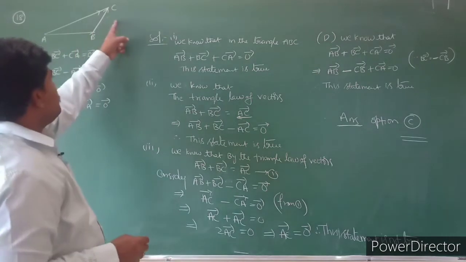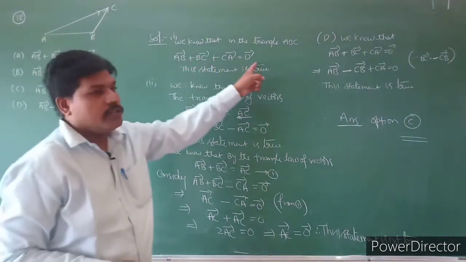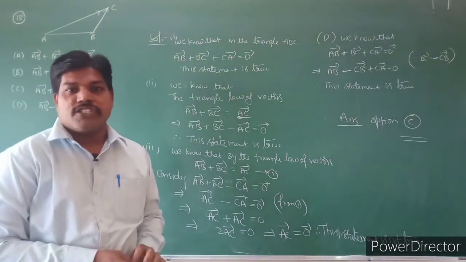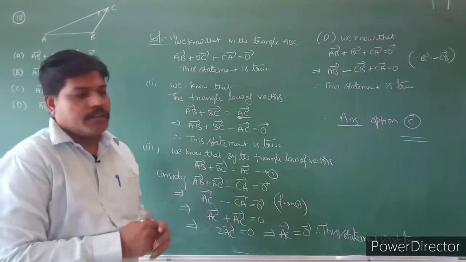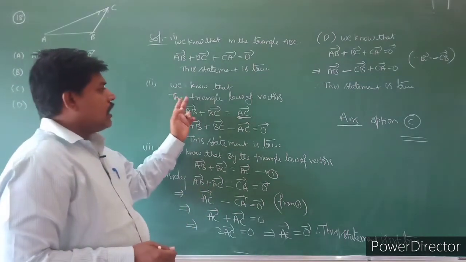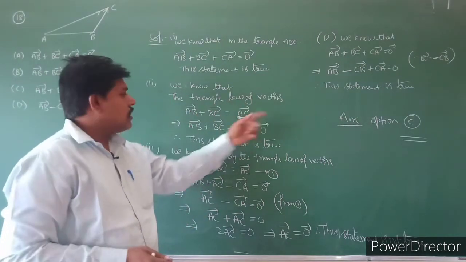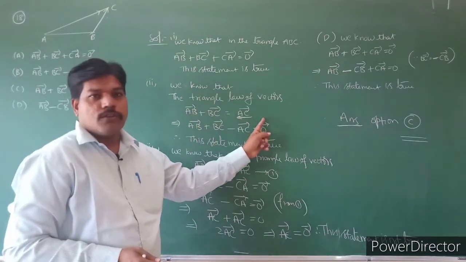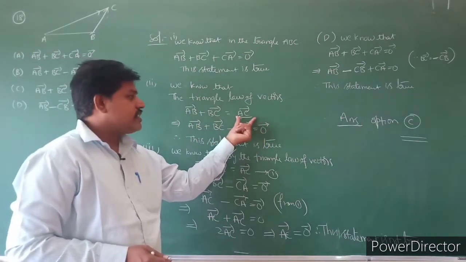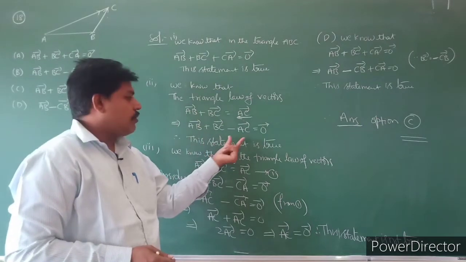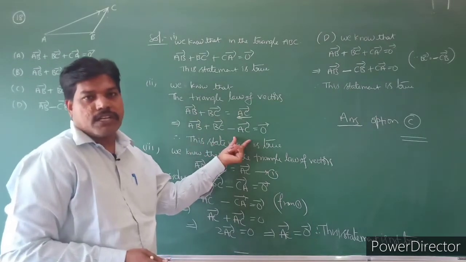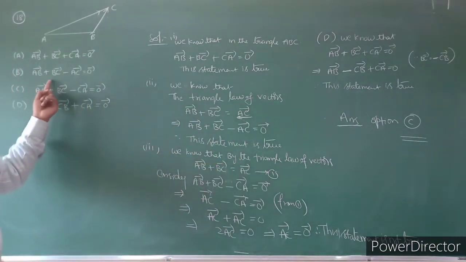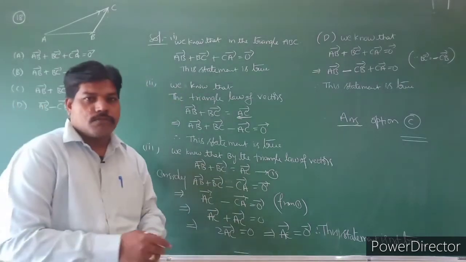So AB, BC, CA will become 0. So the first condition is true. So this is not the option. Next, second condition. Already you know the triangle law of vectors: AB plus BC is equal to AC. So this AC, if we take it to this side, it will become minus AC bar. So that is statement number 2, which means statement 2 is also true.